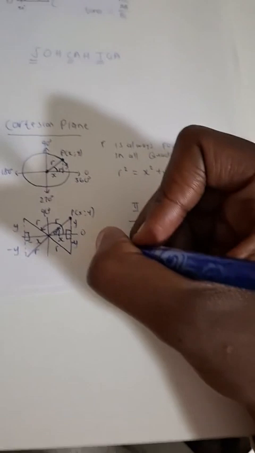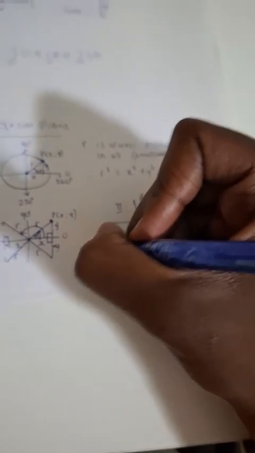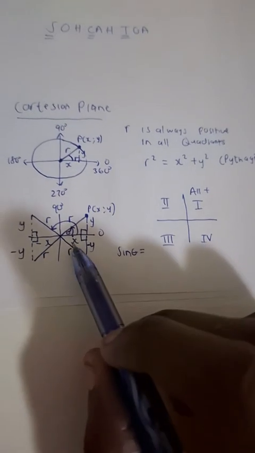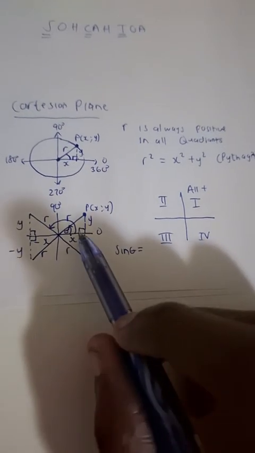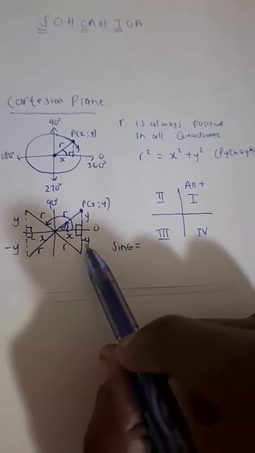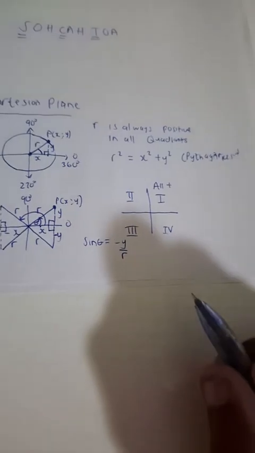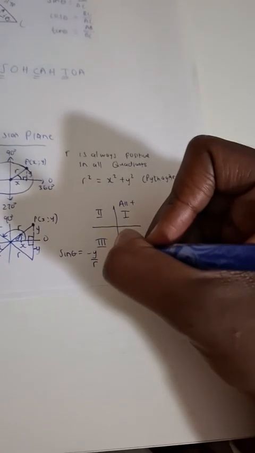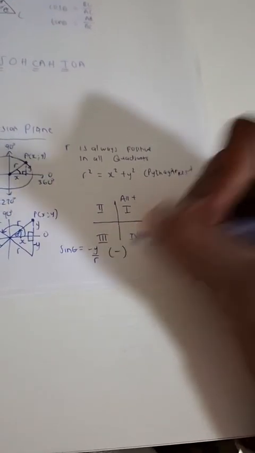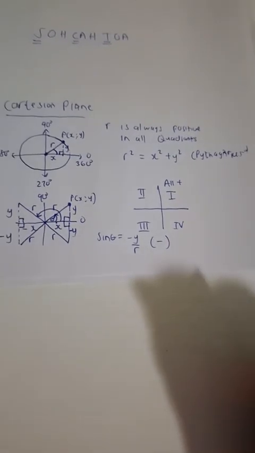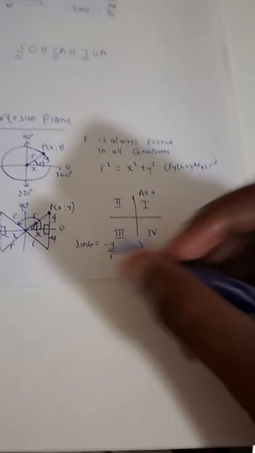Sine in this quadrant, sine theta will be opposite over hypotenuse. In other words, it will be negative y over r, which means in the fourth quadrant, sine is negative.